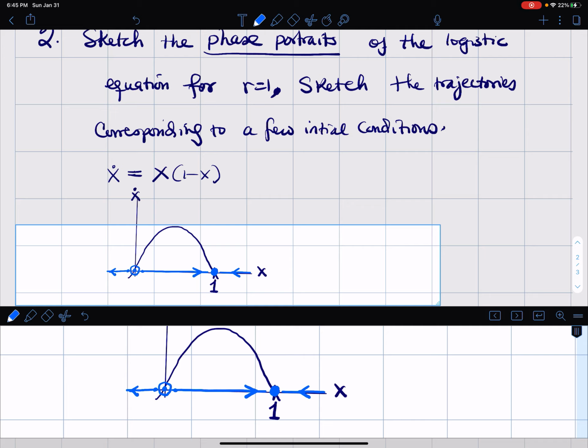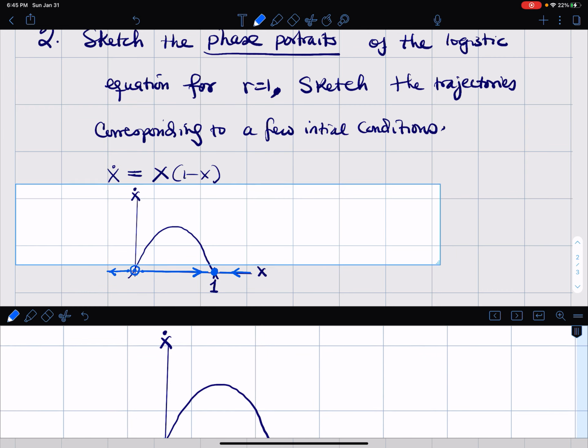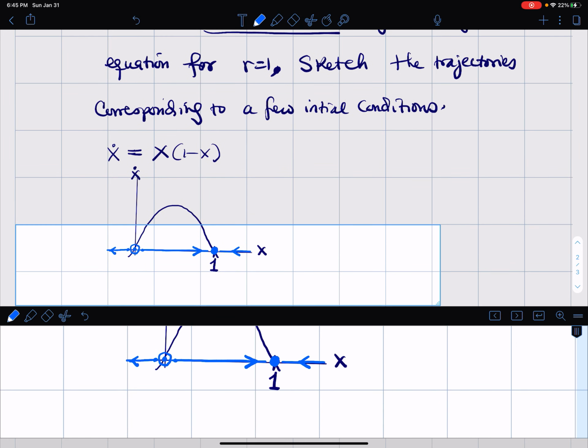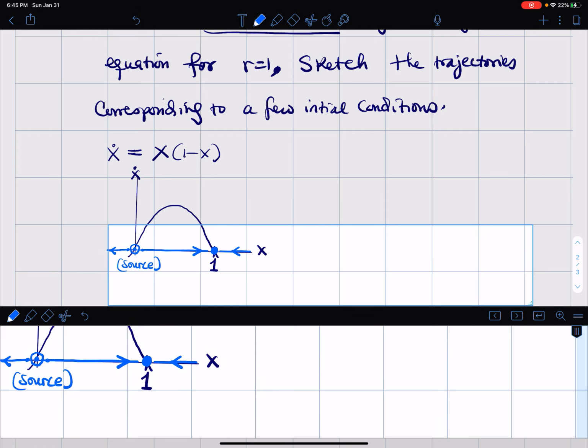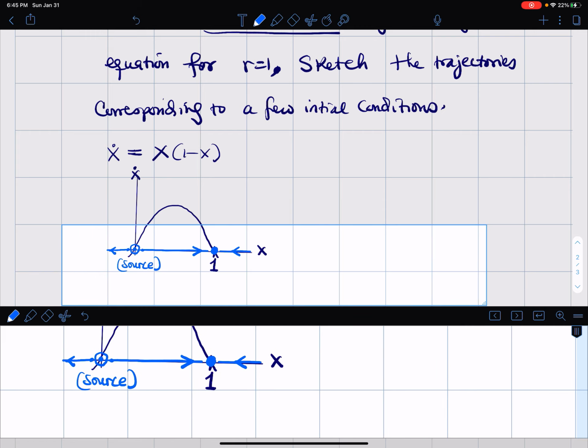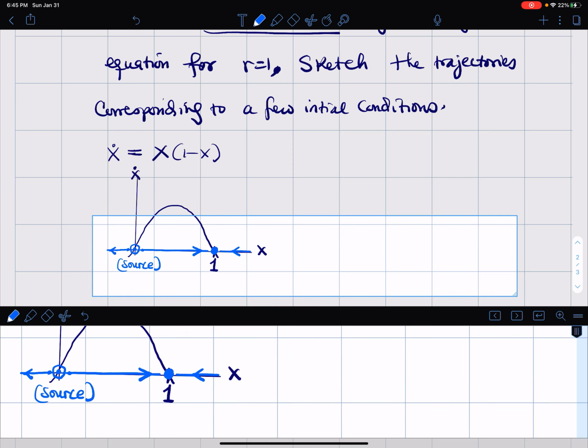Okay? So, this is called a source. It's a source of trajectories, as you can see. Trajectories are moving away from it, and this is called a sink. Trajectories are sinking into it. All right.